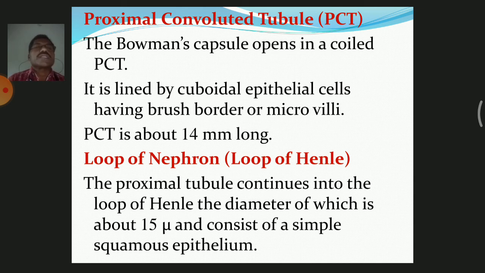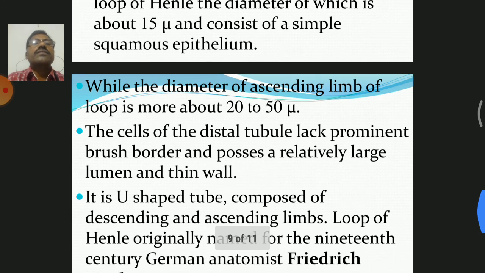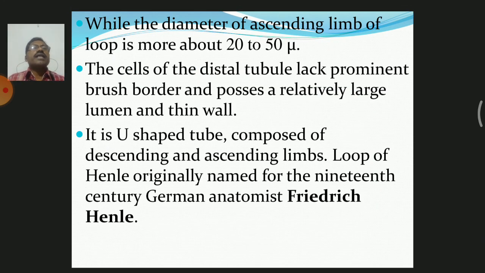Then another important structure is the loop of nephron, or loop of Henle. The proximal tubule continues into the loop of Henle, the diameter of which is about 15 micron, and it consists of simple squamous epithelium, while the diameter of the ascending limb of the loop is about 20 to 50 micron.